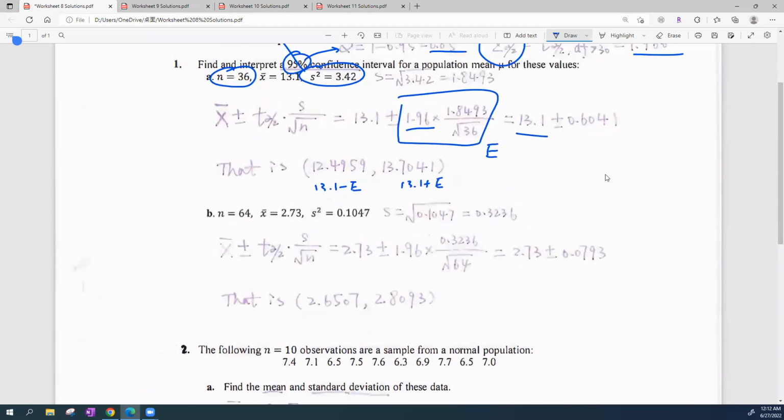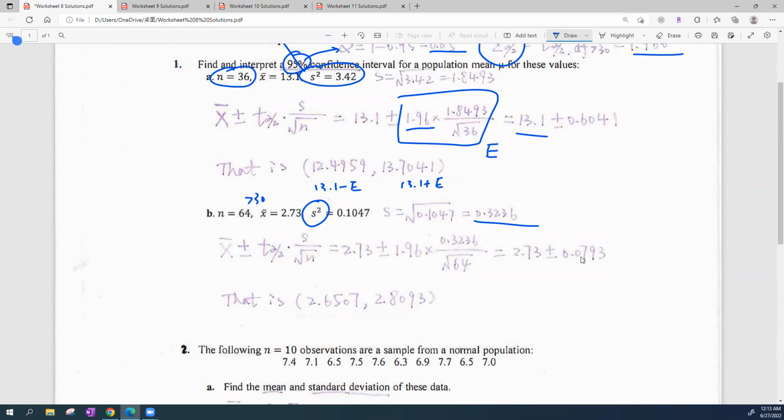For the second question, same thing, sigma unknown. We calculate the sample standard deviation, which is 0.3236, and n equals 64, which is larger than 30. So we have x bar plus or minus t critical value times s over square root n.